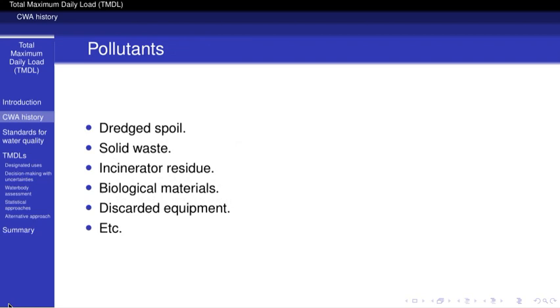The Clean Water Act defines pollutant as dredge spoil, solid waste, incinerator residue, biological materials, radioactive materials, heat, wrecked or discarded equipment, rock, salt, cellar dirt, and industrial, municipal, and agricultural waste discharged into water.